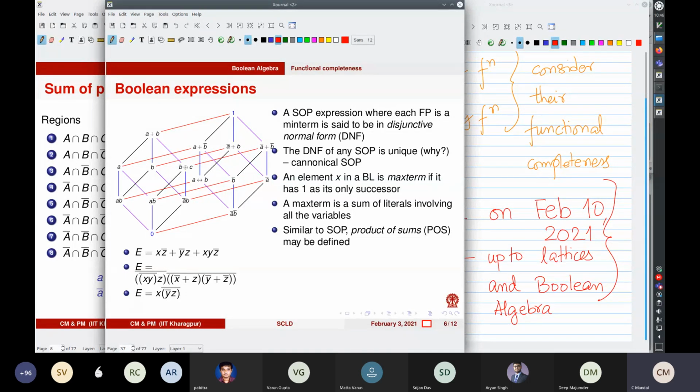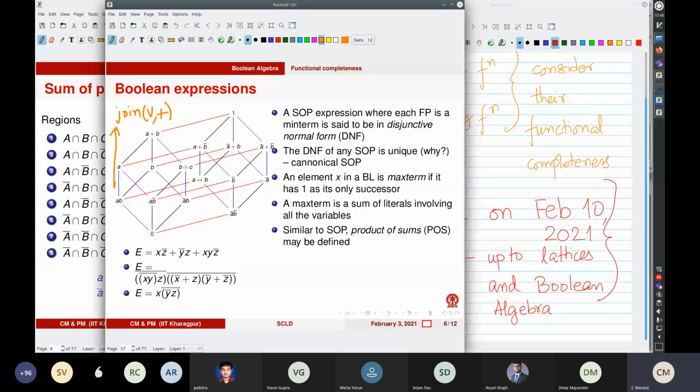So you can go from the atoms upwards using join, or if you call it a sum.